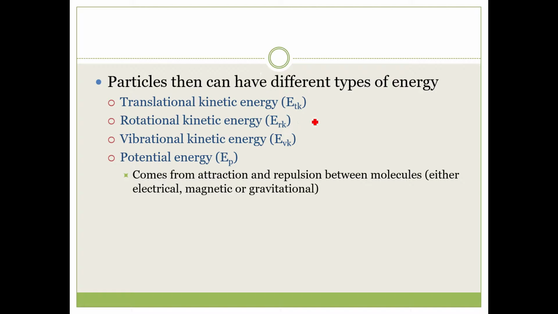What we're going to focus on, though, is that these are all forms of kinetic energy. Now, why don't we ever mention the rotational and the vibrational energy? Well, for the most part, they're pretty negligible in the grand scheme of things. On our macro scale of existence, we don't actually have to worry about rotational or vibrational energy because the translational kinetic energy is so much bigger.